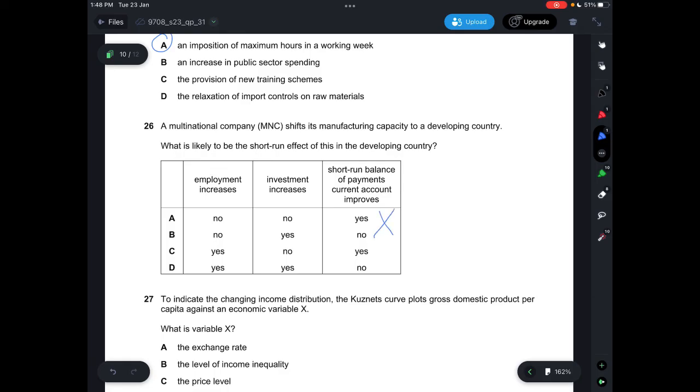And then your investment will have to increase, but that doesn't necessarily mean that your balance of payment current account will improve in that country, because there may be more outflow of money, maybe more money flowing back out of that country. You have to see here that the multinational company is shifting its capacity to a developing country, so more money will end up being sent out of the country instead of staying inside. But definitely your employment and investment will increase in that country because of improved infrastructure and also job opportunities.